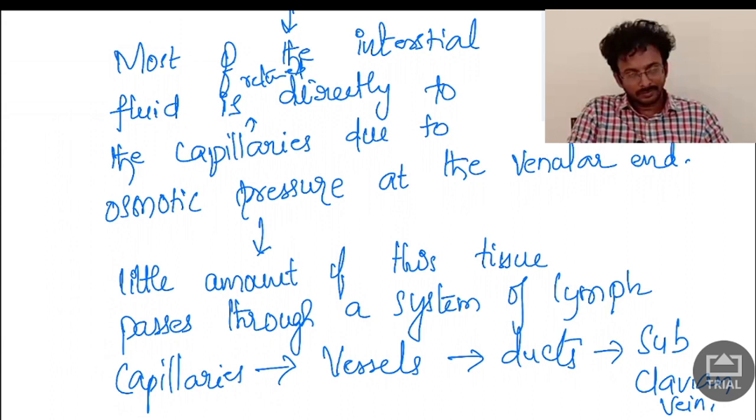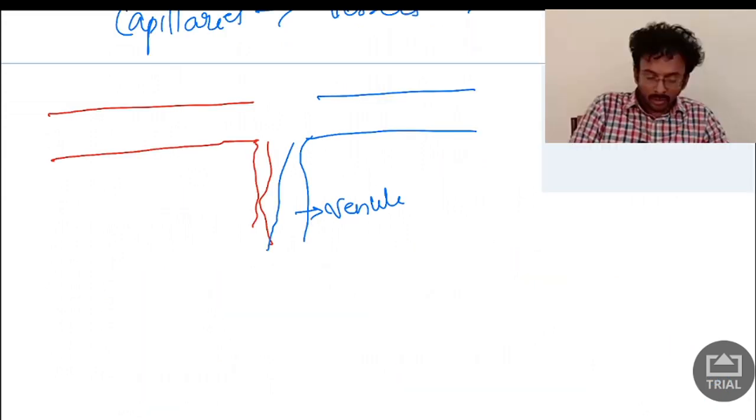In a diagrammatic way, we will discuss it right now. This is an artery. This is the branch of an artery, called an arteriole. This is the vein, and this is the branch of the vein, which is called a venule. And the point where they join is called what?